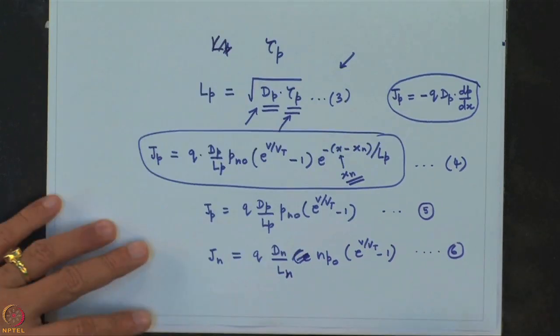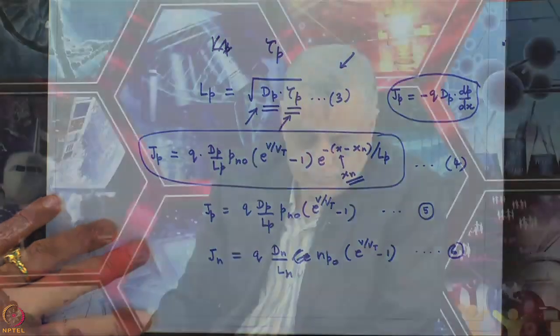Now we know that the net current that will flow across the PN junction would be a sum of these.